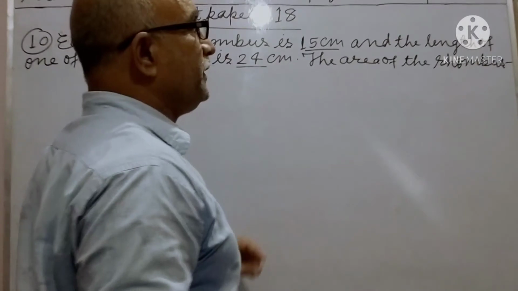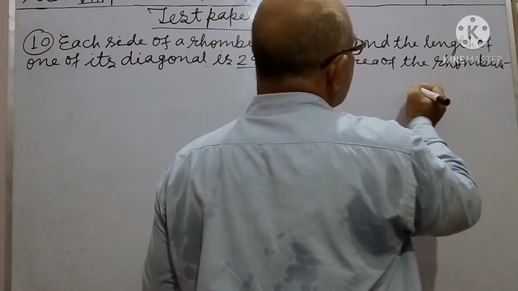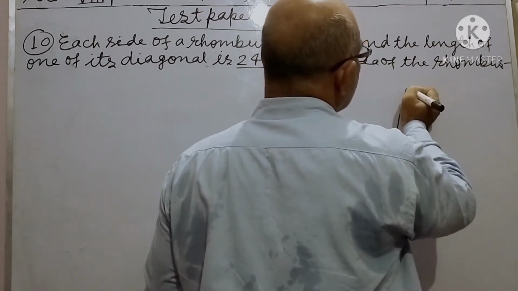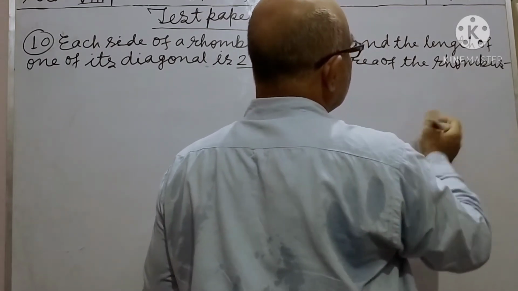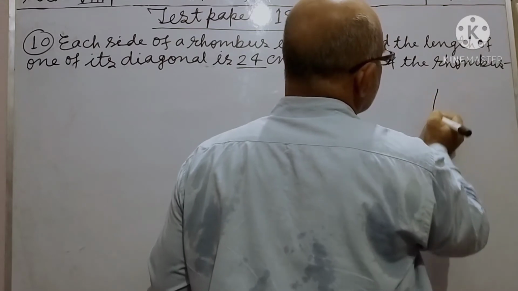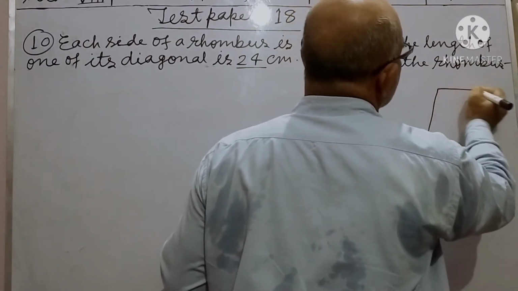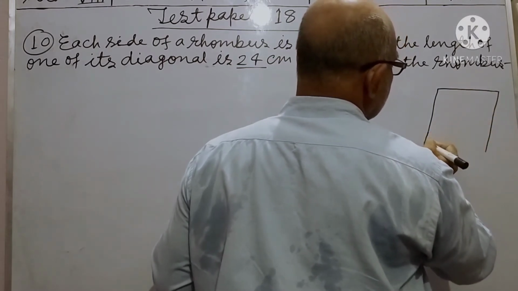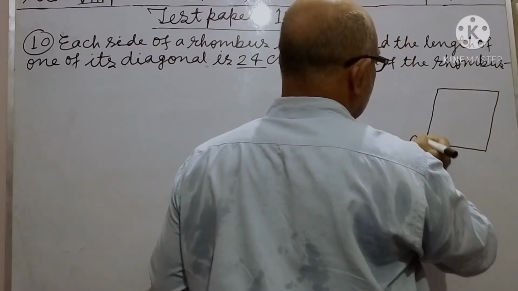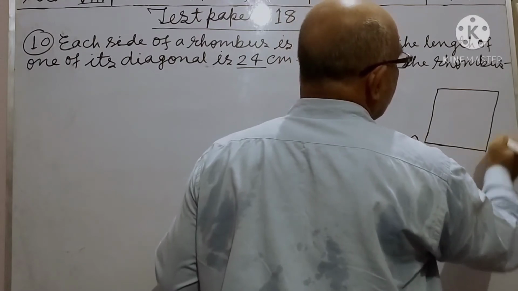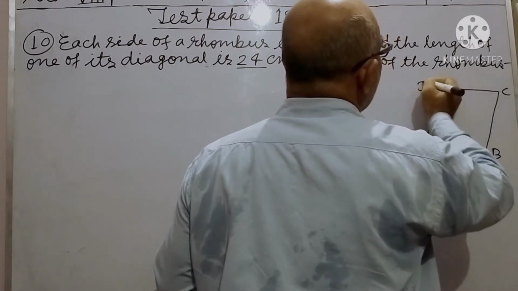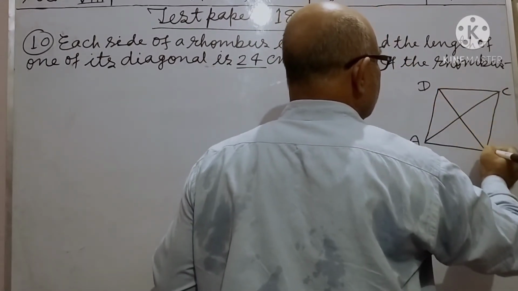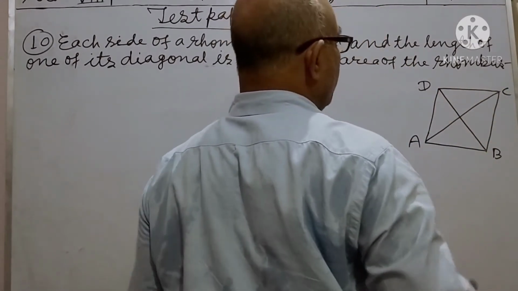The area of the rhombus is, suppose ABCD be a rhombus, A, B, C and D. Diagonal AC and diagonal BD.